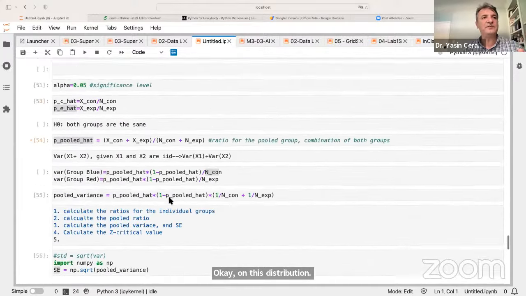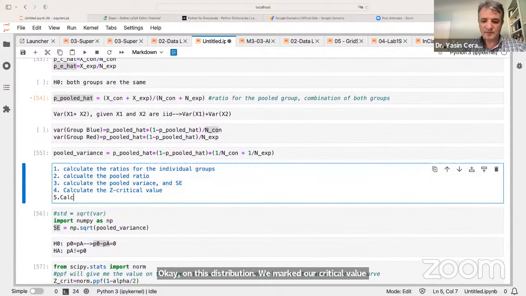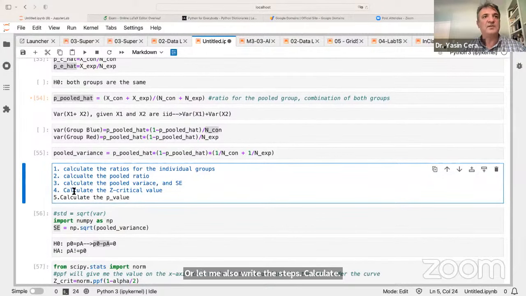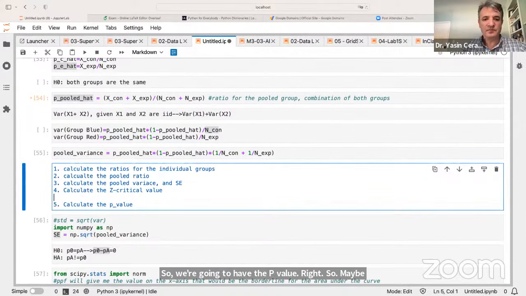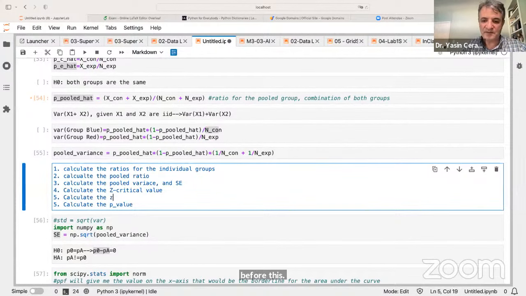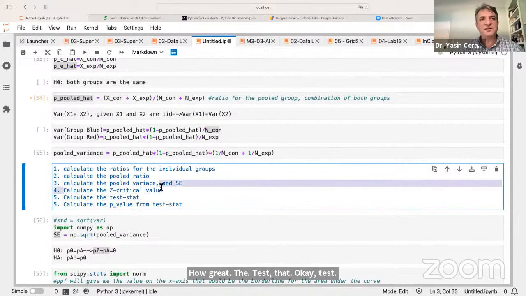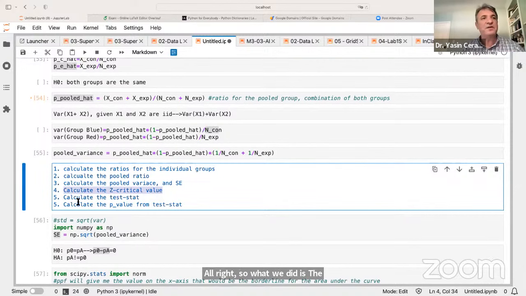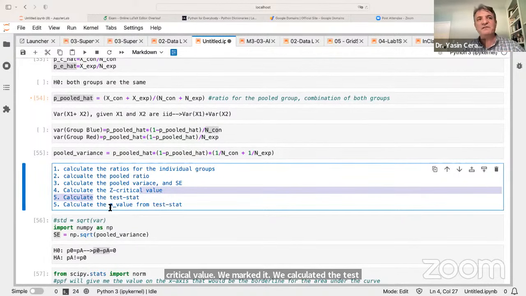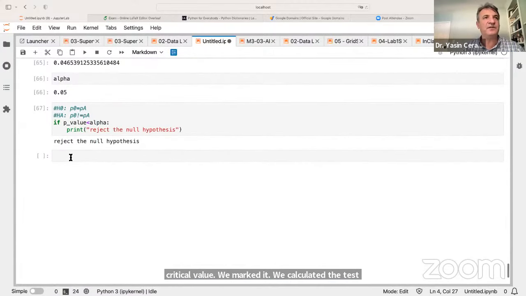Let me also write the steps: calculate the z test stat, then the p-value from the test stat. All right. So what we did is we calculated the z critical value, we marked it, we calculated the test stat, we marked it. Actually, without even finding the p-value, I can also write the following.